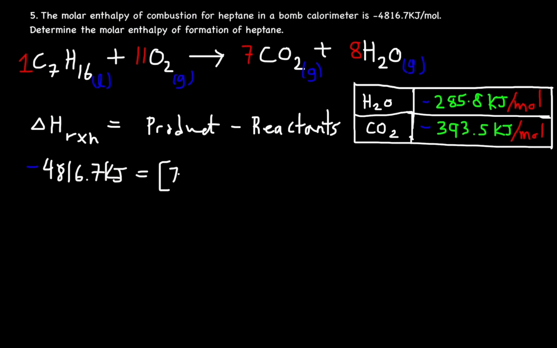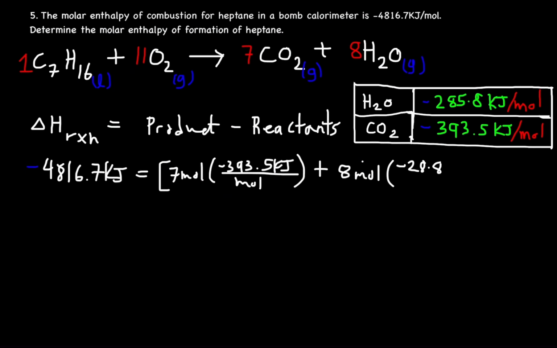On the product side, we have 7 moles of carbon dioxide times the standard enthalpy of formation of carbon dioxide, which is negative 393.5 kilojoule, plus 8 moles of water times the standard enthalpy of formation for water, which is negative 285.8 kilojoule.